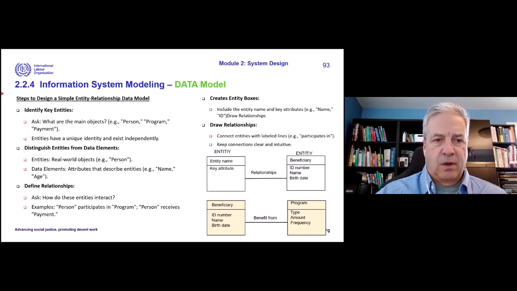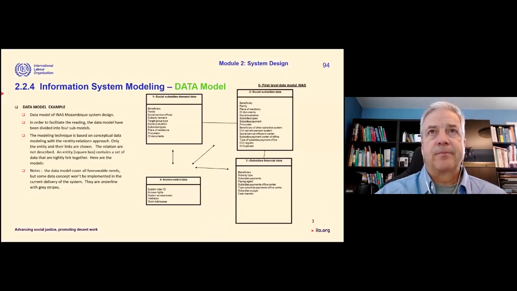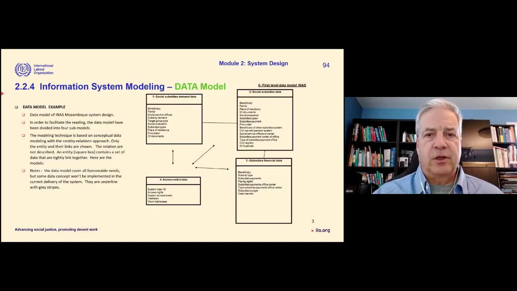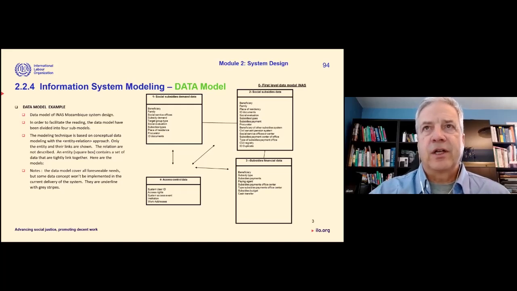So I will go straight to an example. Again, I am always with this Mozambique cash transfer system that has been built. The data model is built with different levels. This is the first level of the data model.